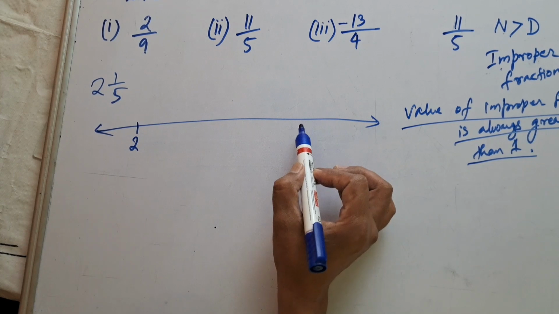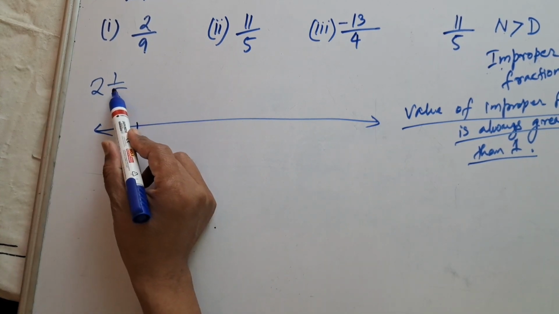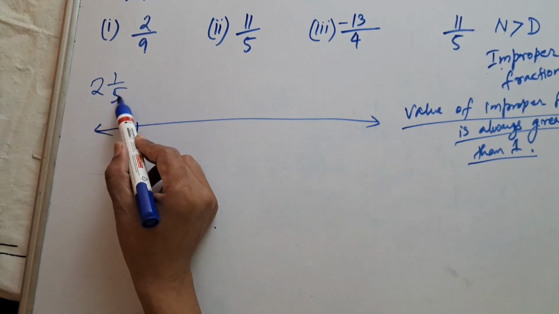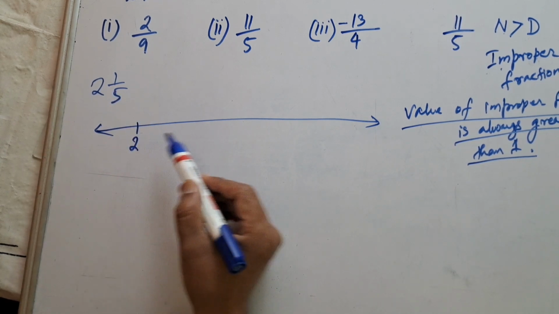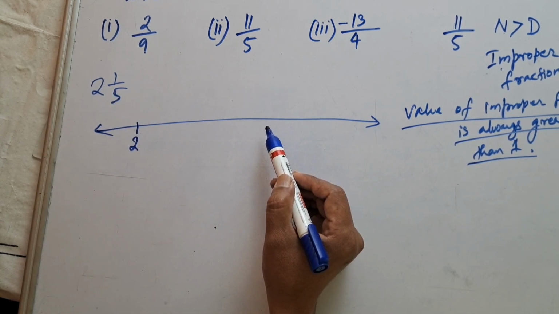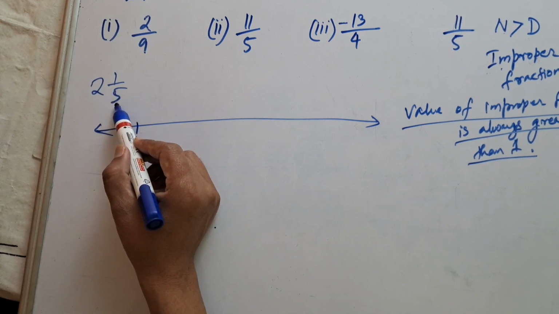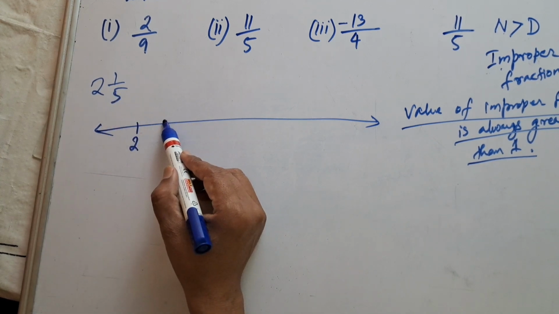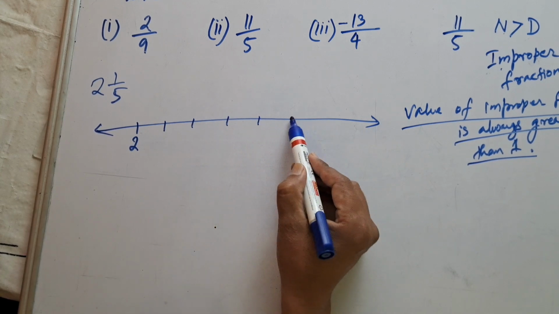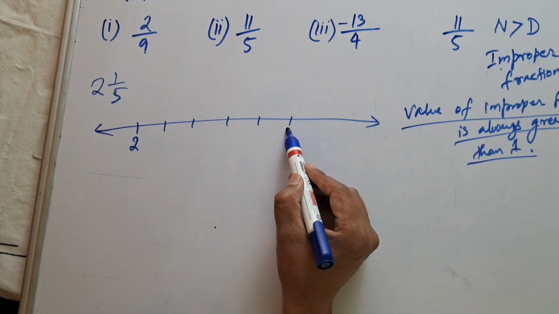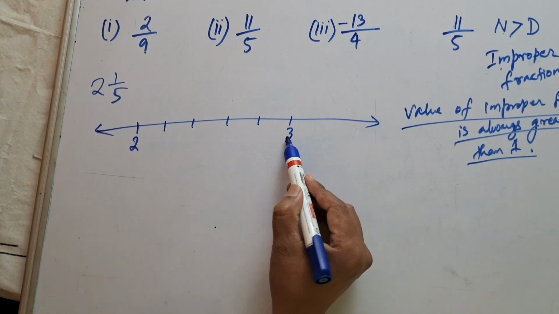But before we draw 3, we see the number in the denominator. The number in the denominator is 5. So we divide 2 and 3 into 5 equal parts. 1, 2, 3, 4 and 5. 5 is 3.